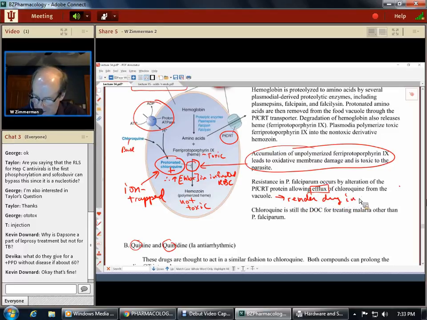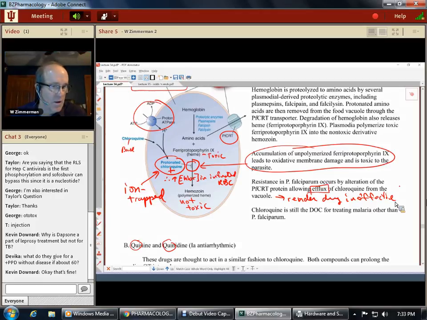It's not in that high concentration anymore. So, unfortunately, chloroquine just basically can't be used against falciparum anymore. It's still the drug of choice for treating the other forms of malaria, but we've lost our great gun, unfortunately.